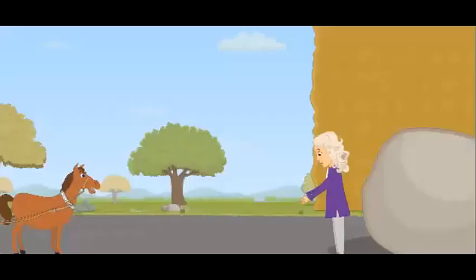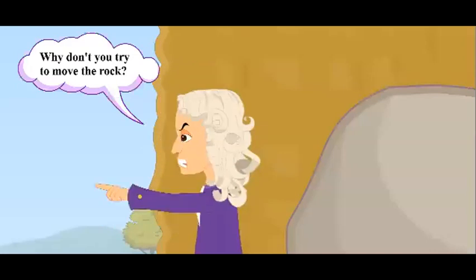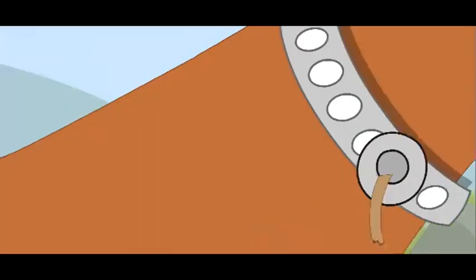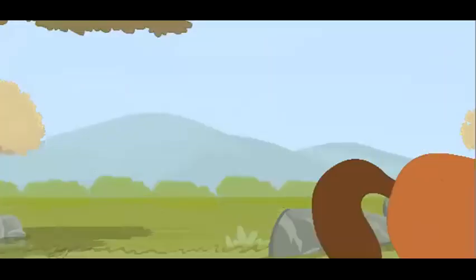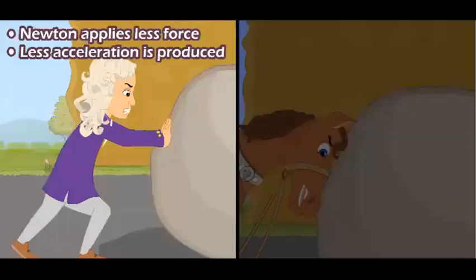Hey, why don't you try to move the rock? The horse accepts the challenge and applies its full energy. The force applied by the horse causes the rock to move a greater distance.